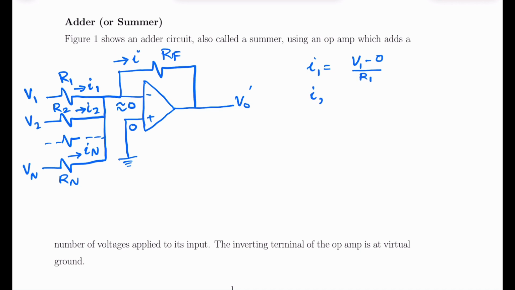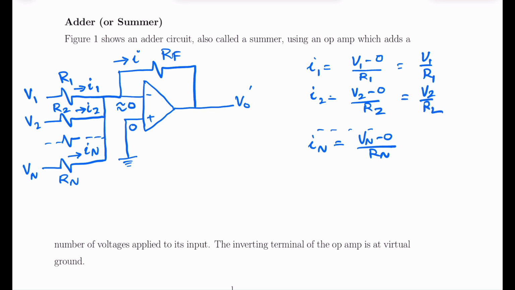Similarly, current I2 is V2 minus 0 upon R2, and the current In is Vn minus 0 upon Rn. So I1 equals V1 upon R1, I2 is V2 upon R2, and In is Vn upon Rn.